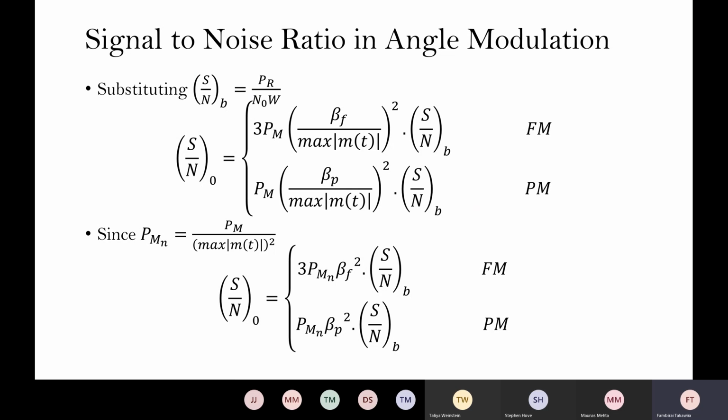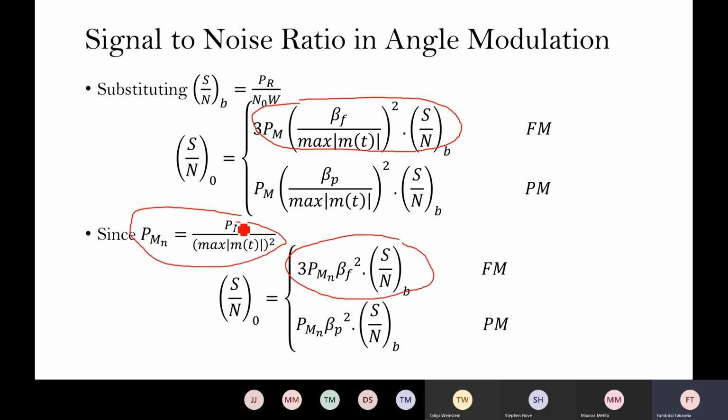So the other manifestations of this formula are that you can write it in this form for frequency modulation, or you can also write it in this form by doing a number of different substitutions. And for phase modulation, the expressions would be either this second expression or this second expression. Those are all equivalent expressions.